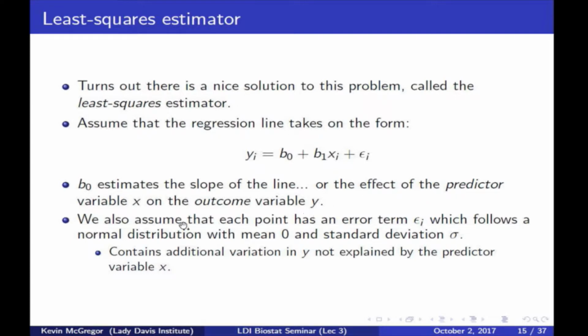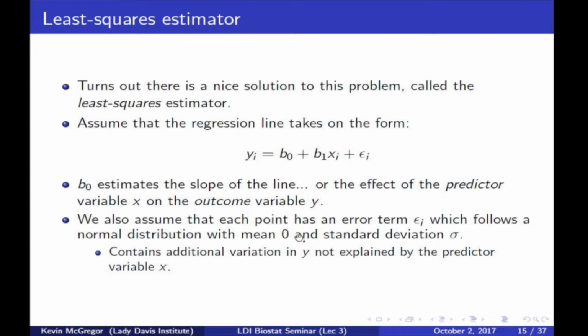All right, so we have our fitted line, and we have this error term as well. And we have to make an assumption on this error term if we want to do hypothesis testing. So we assume that epsilon i follows a normal distribution with mean 0. So that just means that we assume that the errors sort of just cancel each other out. Sometimes you're going to get errors that are above the line, and sometimes you're going to get errors that are below the line with sort of equal chance.